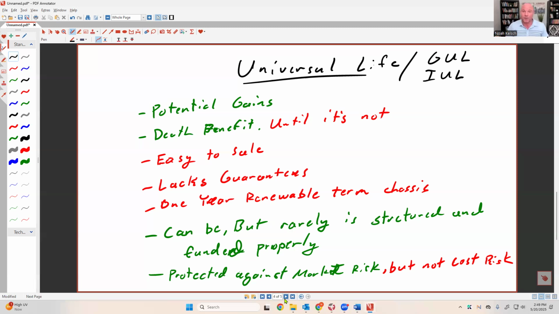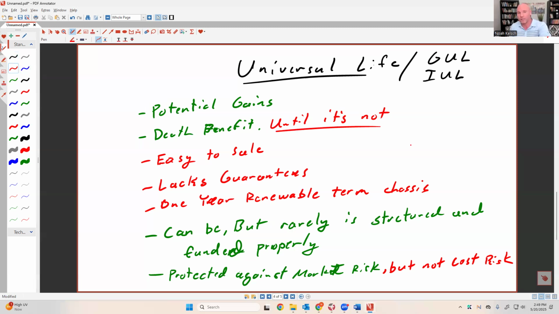There is a death benefit with universal life policies. The death benefit will pay out as long as you die while that policy is active. So that's good. And I say there's a death benefit until there's not.